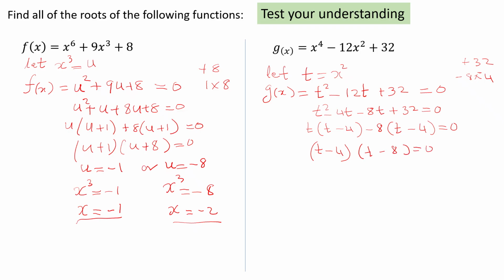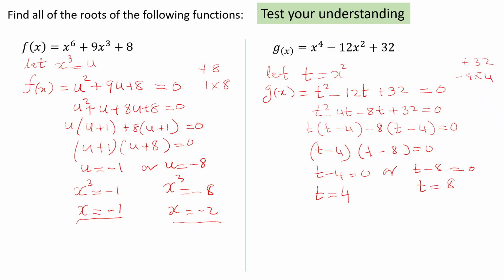So 2 factors multiplied equals 0, so either of them must be 0. So t minus 4 equals 0, so t equals 4. Or t minus 8 equals 0, then t equals 8.